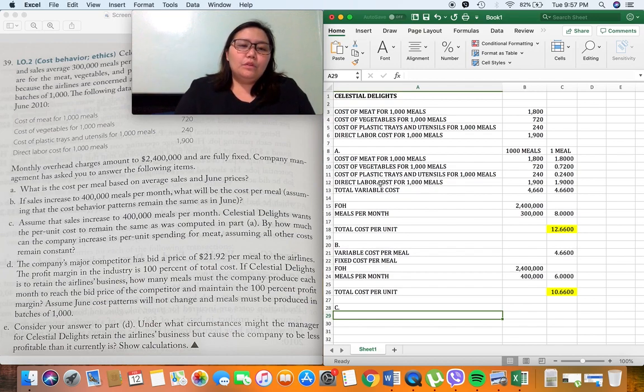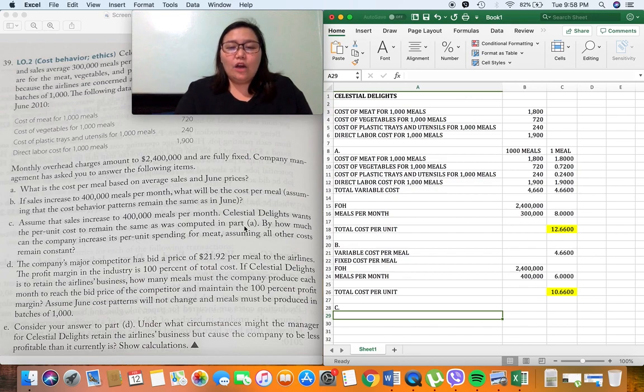Basically, we look at the effect of changes in volume on our profit. If we decrease the cost, what will be the effect on profit? If we increase the volume sold, what will be the effect on profit? So we call it sensitivity analysis as well. What we did for letter D is also a sensitivity analysis, and so on until letter E.